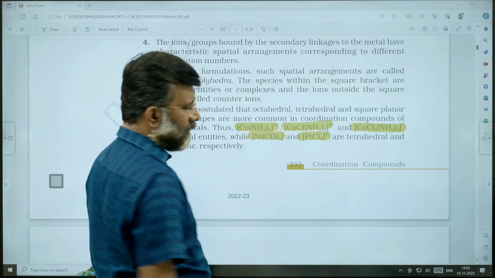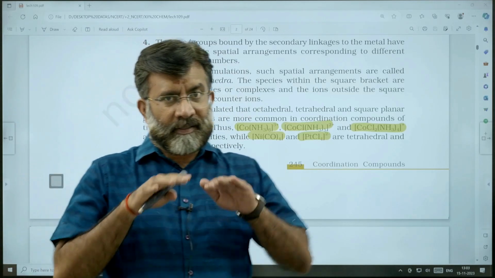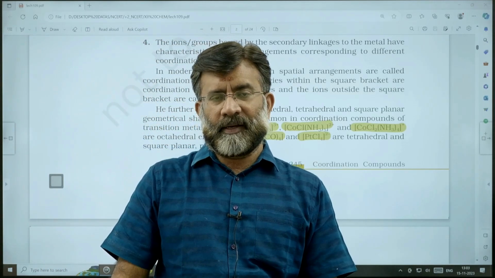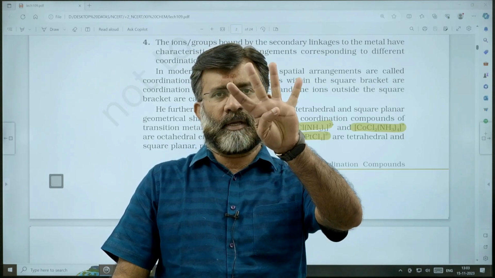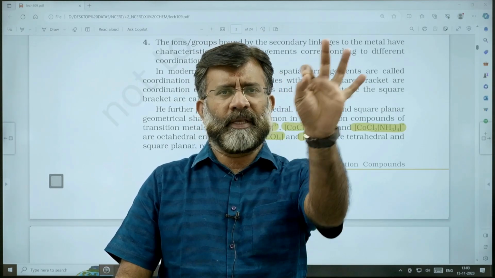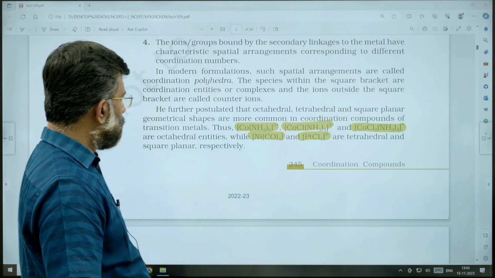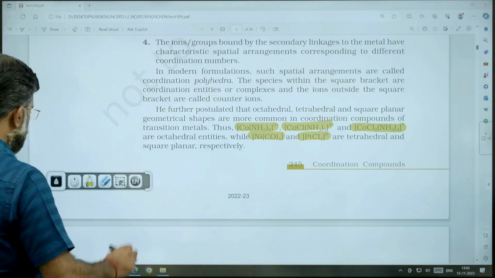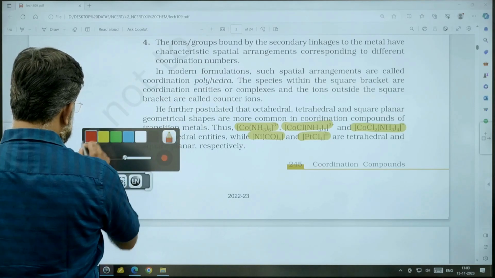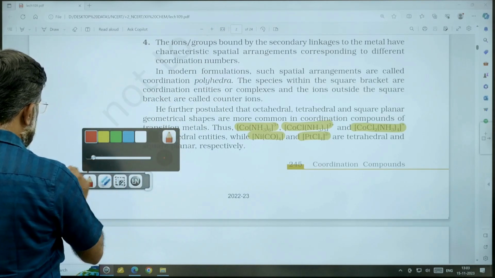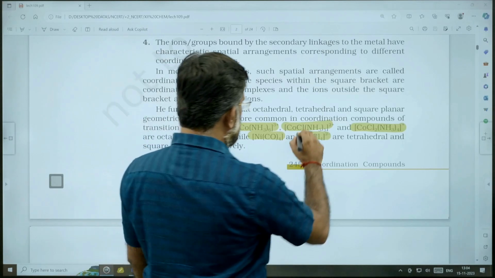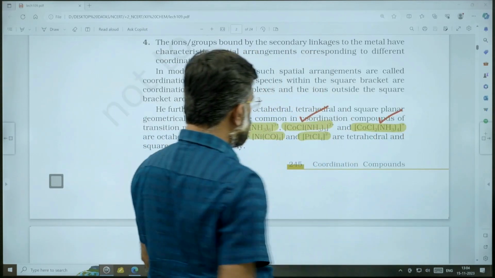Many of the platinum complexes are square planar. Platinum complexes with coordination number 4 will mostly be square planar, though they can also give octahedral complexes. The formula written here is according to old conventions.